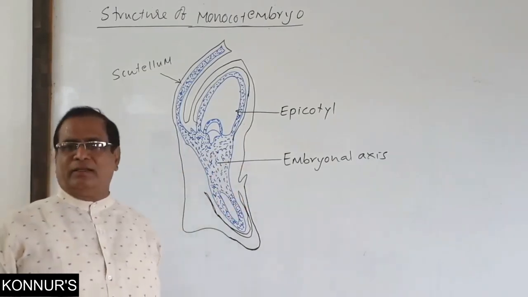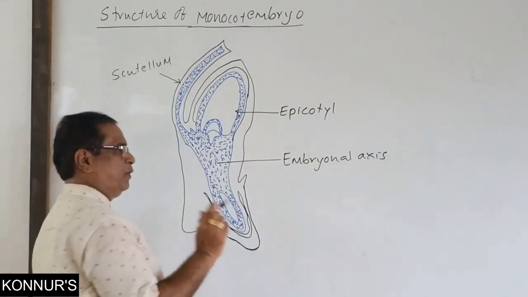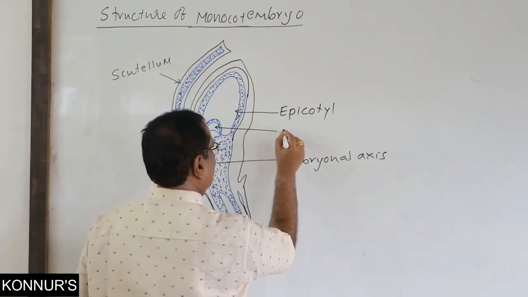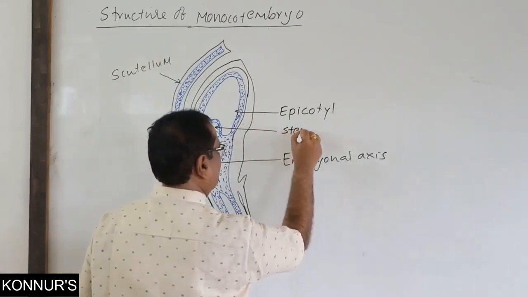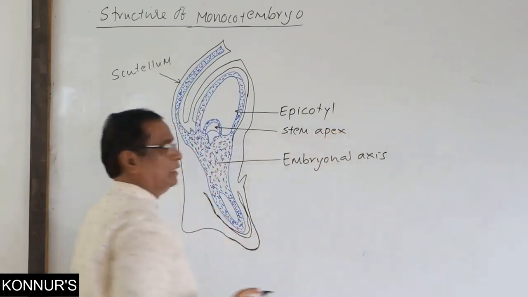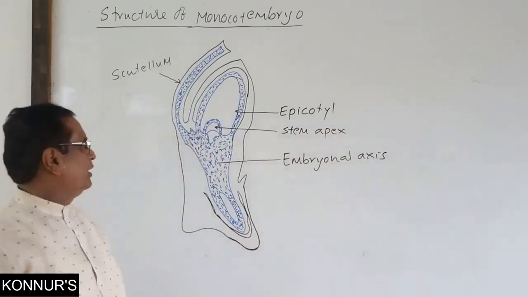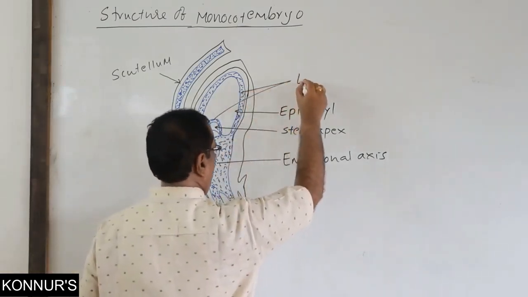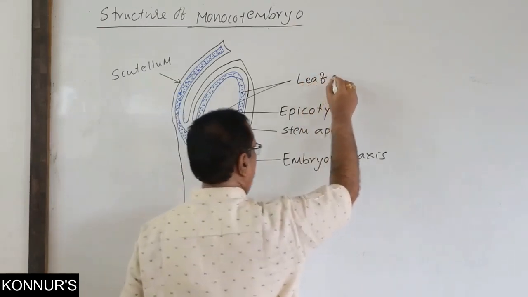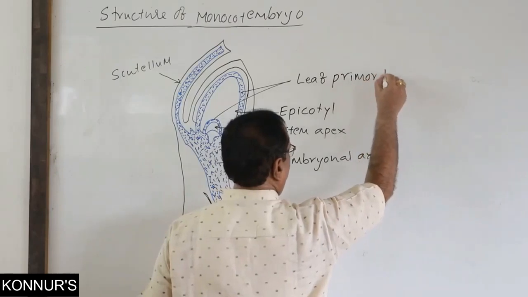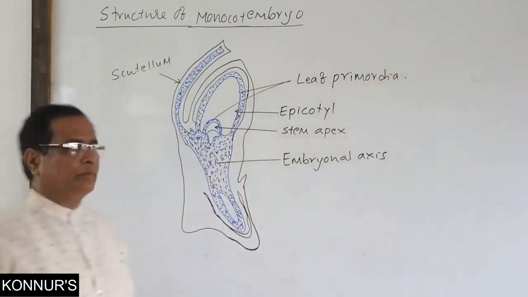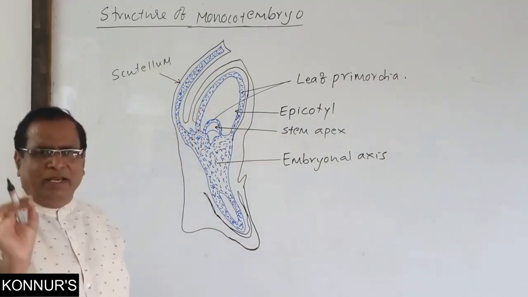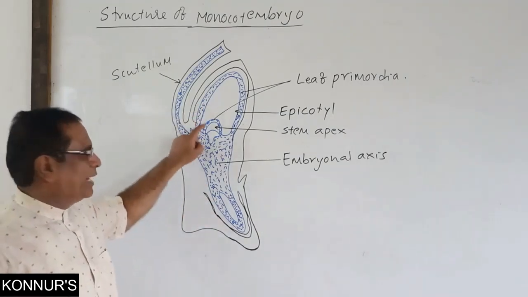In this epicotyle, there is a plumule with a stem apex. This stem apex is covered by a few leaf primordia. Few leaf primordia means very young leaves.